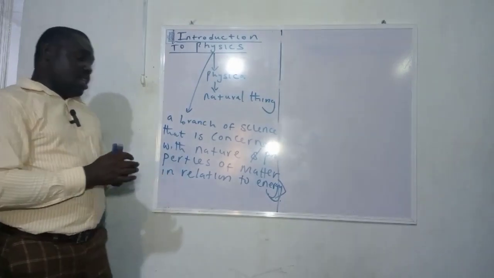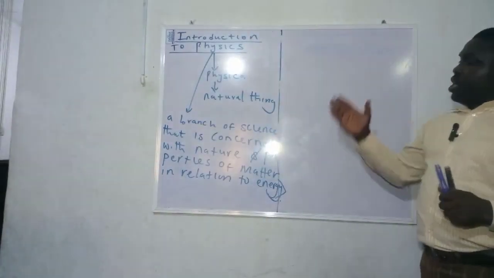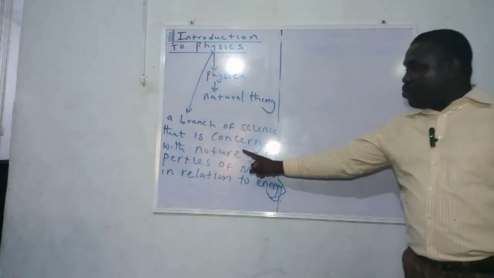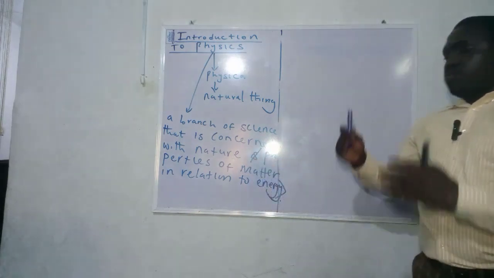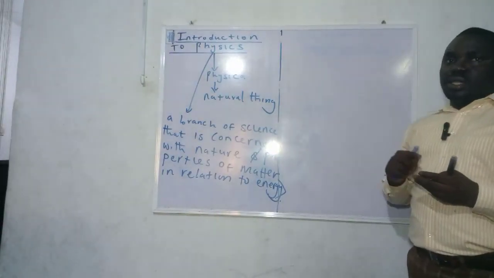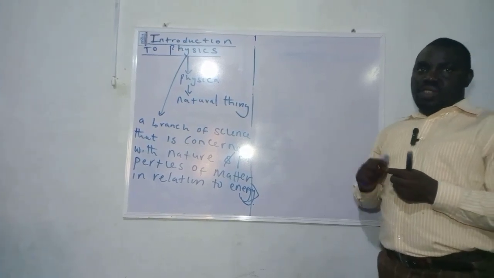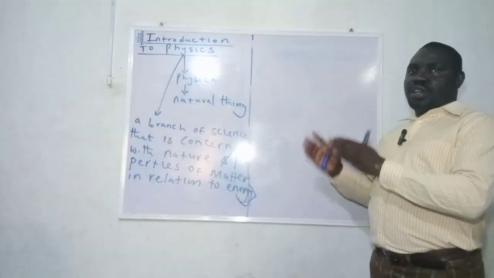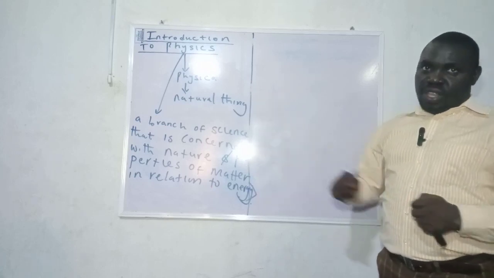And so, what are the various branches of physics? Before we even talk about the various branches, I talked about matter. So you talk about mechanics, we talked about heat, we talked about magnetism, we talked about electricity. These are various aspects that you'll be considering under matter in physics.